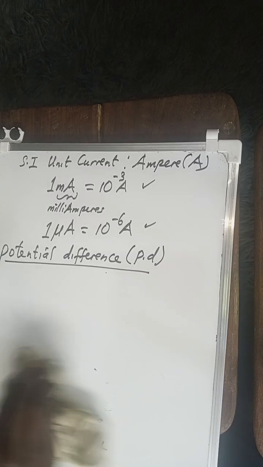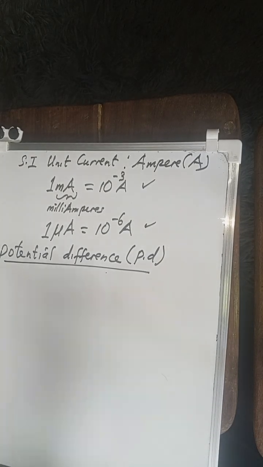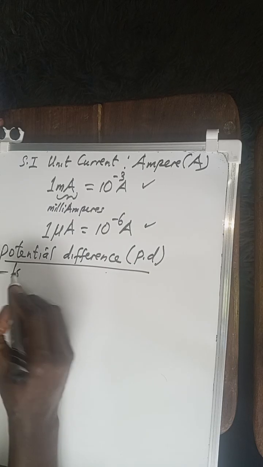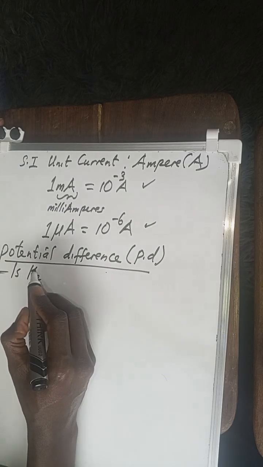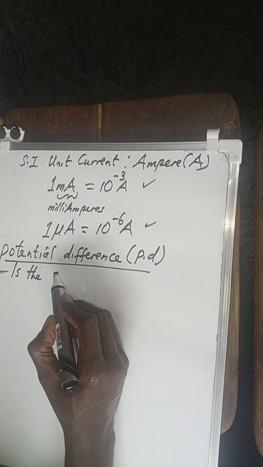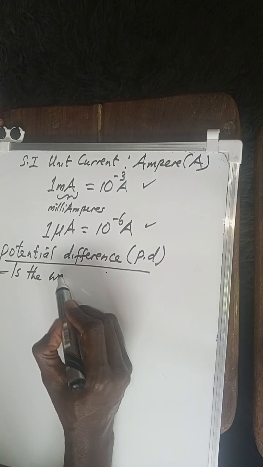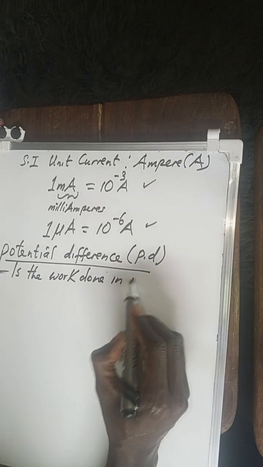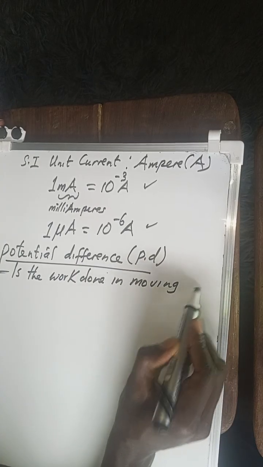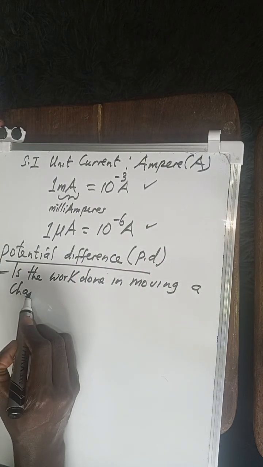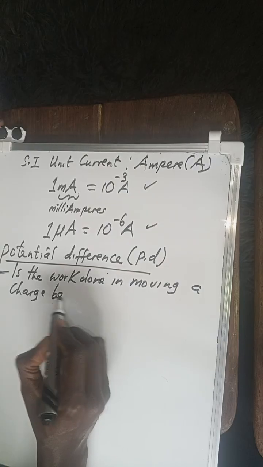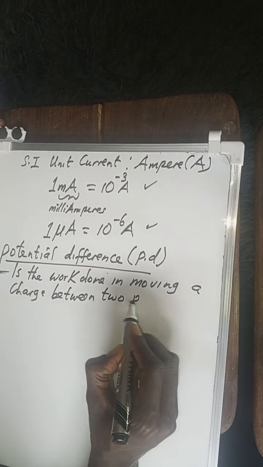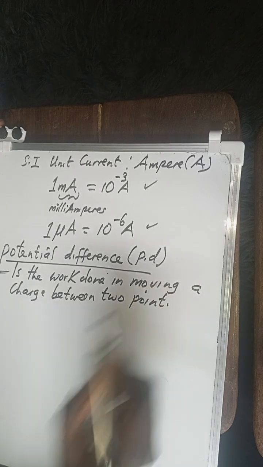Of course, different books may define it in different words. So we can simply say that potential difference is the work done in moving a charge between 2 points.